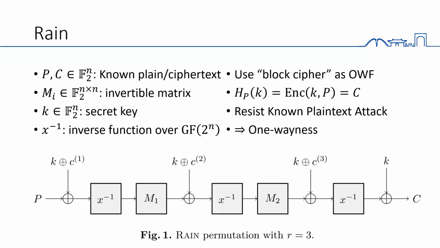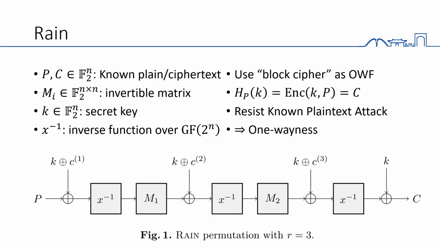So let's introduce Rain. First, we have a pair of known plaintext and ciphertext. And we have some randomly selected invertible matrices. And the key refers to the secret key. The nonlinear function of Rain is the inverse function over finite field with characteristic 2.